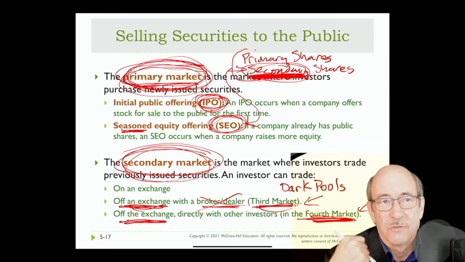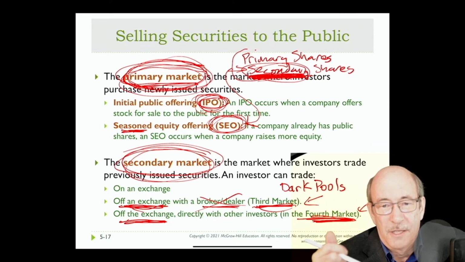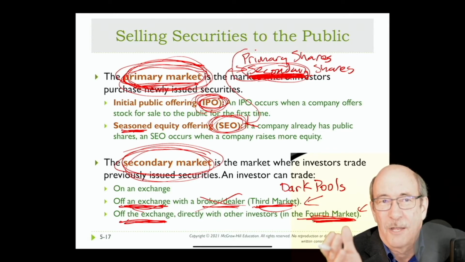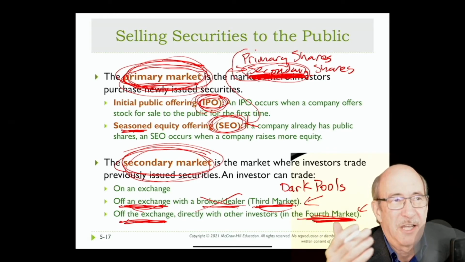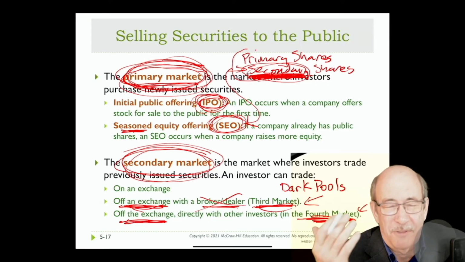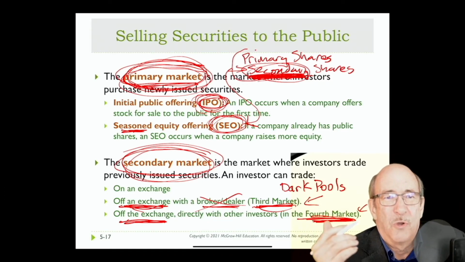I want to trade this share in the third market. And I'll try to give you an example. I can't tell you a particular name of the market that I'm thinking of right off the top of my head.